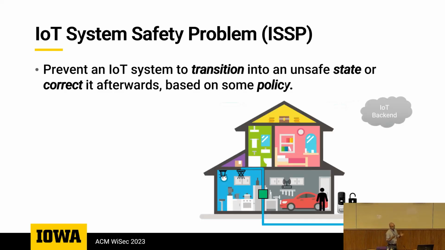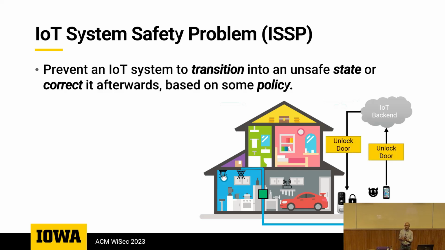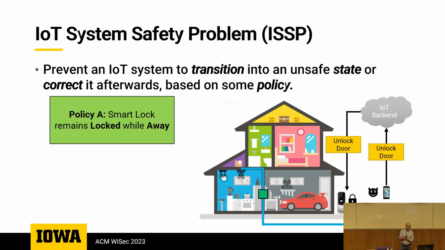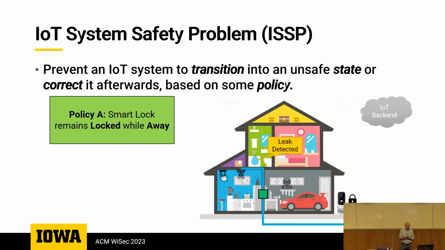Now, what this would look like in real life is that when this goes away, the same attack would be launched, and an unlock would be attempted, but my policy says that a smart lock remains locked while away, right? So whenever the backend gives you this command, it violates the policy, and you're not going to open the door. As simple as that. Now, the other situation, let's talk about the second case of the water leak.